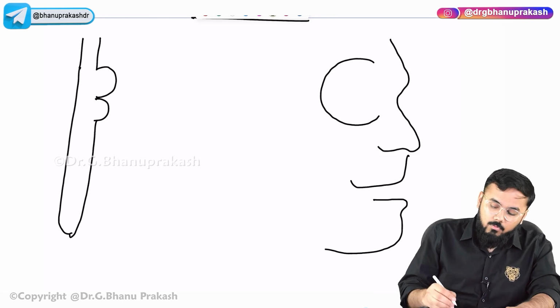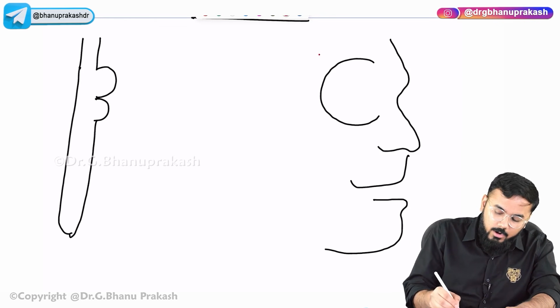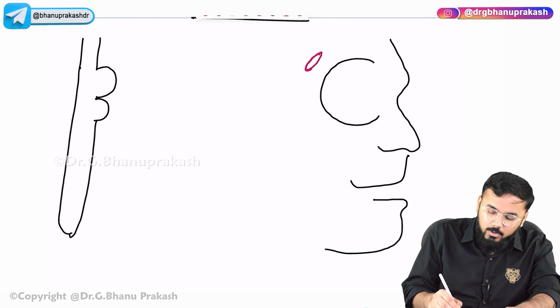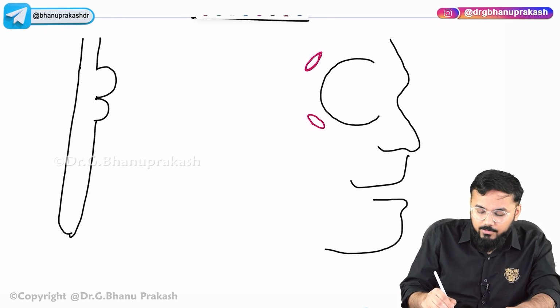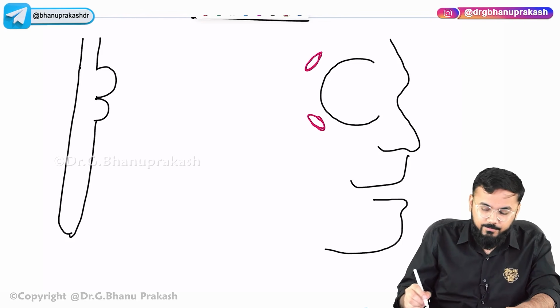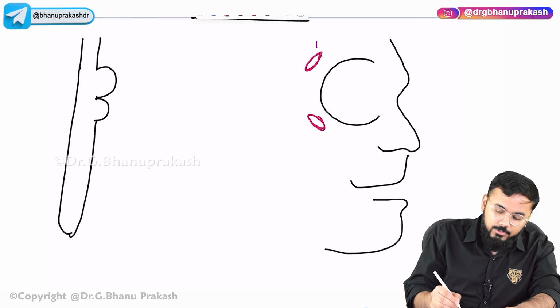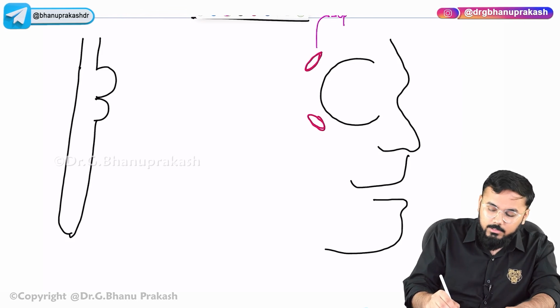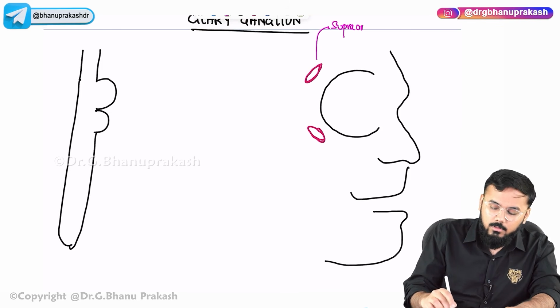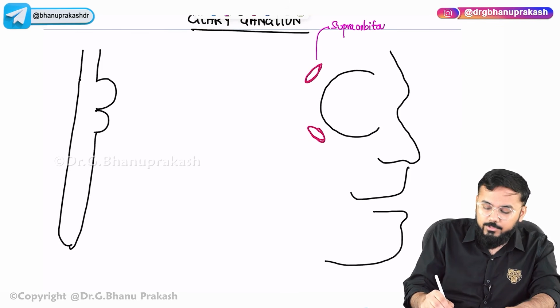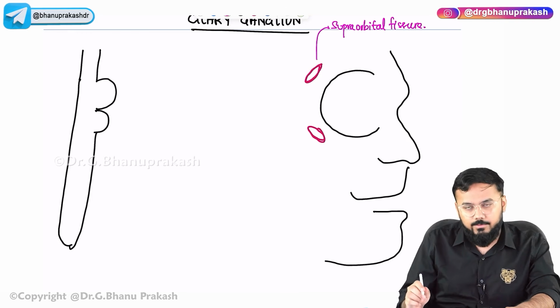Here I have a fissure called the superior orbital fissure. Here I have a fissure called the inferior orbital fissure. So this is called the superior orbital fissure, and the lower one is called the inferior orbital fissure.